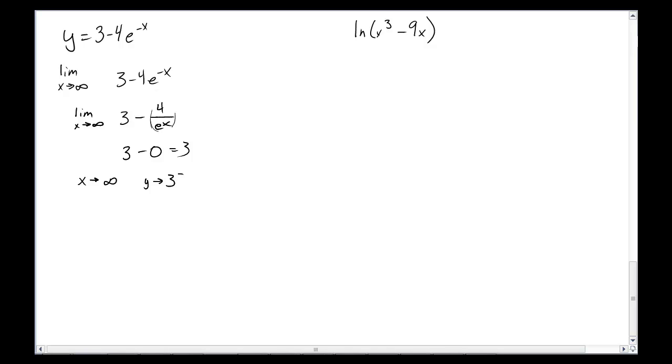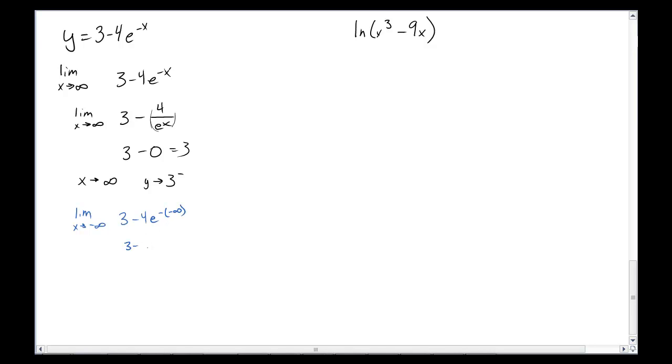Alright, let's go ahead and look at the limit as x approaches negative infinity. Let's go the other way. Okay, well this one is a little bit easier, because we can just go ahead and put in the negative infinity, because if x is negative infinity, what's going to happen there?